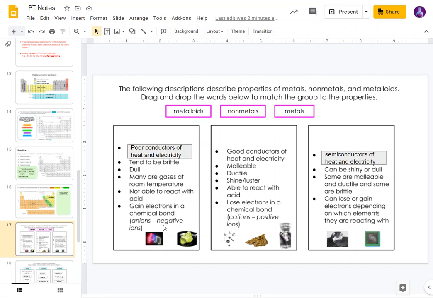They gain electrons and become anions, which are the negative ones, right? So these would be the characteristics I identify as one of these groups up here, the metals, the nonmetals, or the metalloids. So does anybody want to take a shot as to which group these characteristics and properties identify?